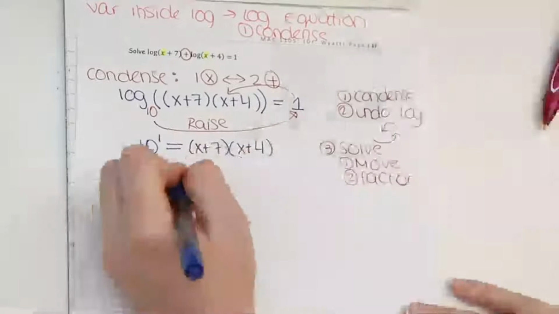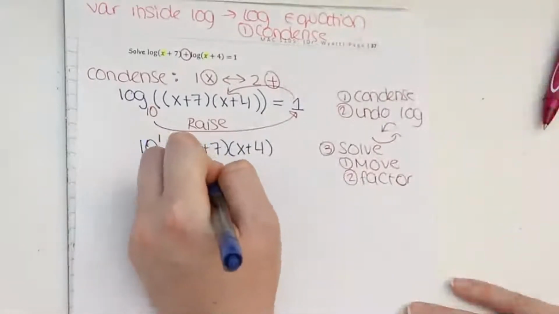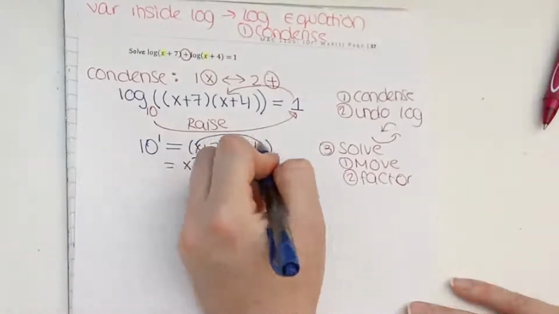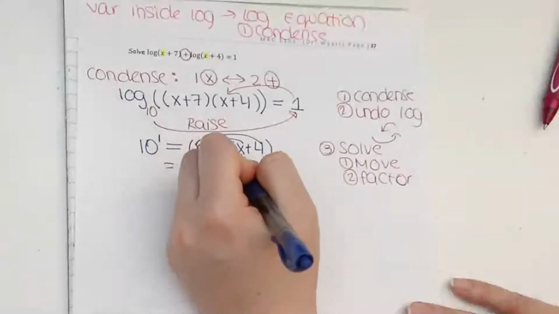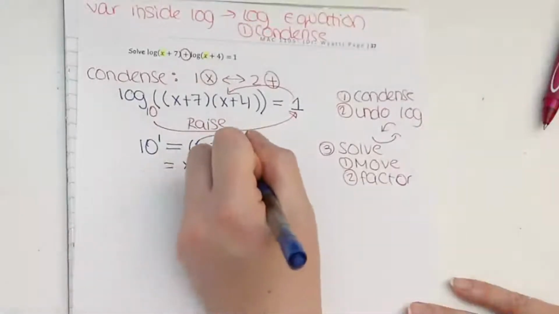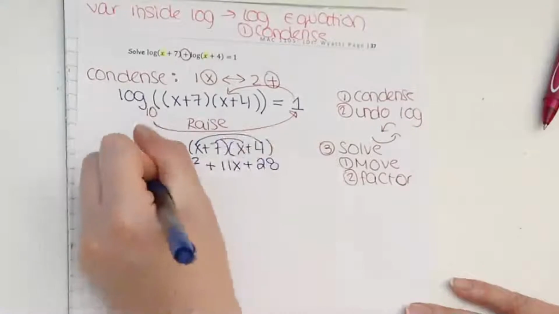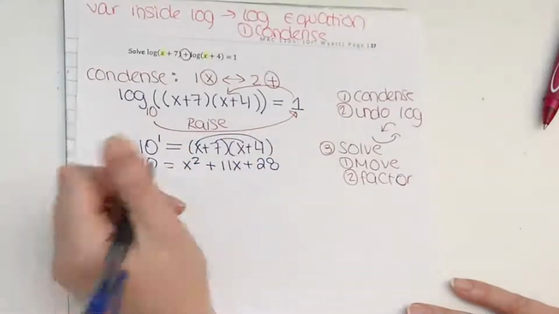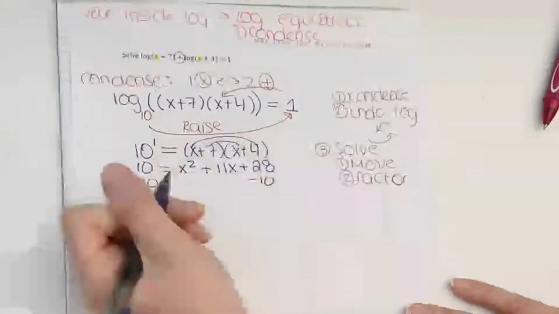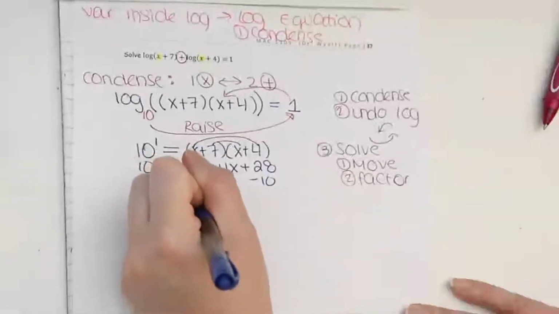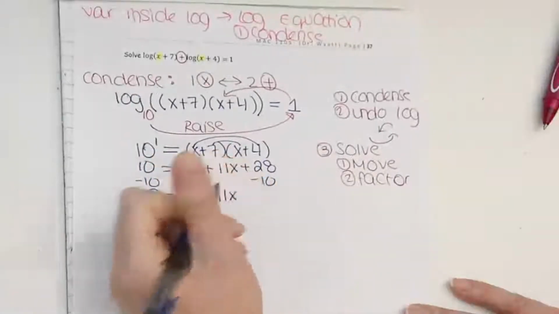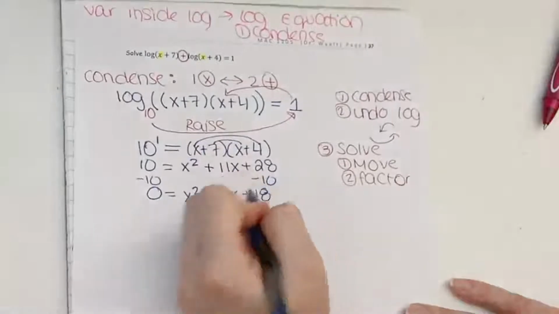That gives us x squared plus, we have a 4x plus 7x, so that gives us 11x plus 28 is equal to 10. Then we'll subtract 10 from both sides and get 0 is equal to x squared plus 11x plus 18.